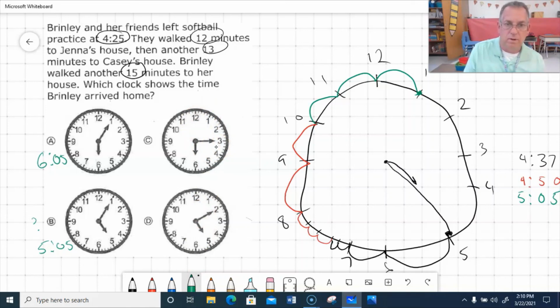That's closest to what I would say that is. And what time does clock D say? Yeah, that's correct. Looks like it's past the 5, so that would be 5:10. So our correct answer would be answer choice B, is what time that Brinley made it home.